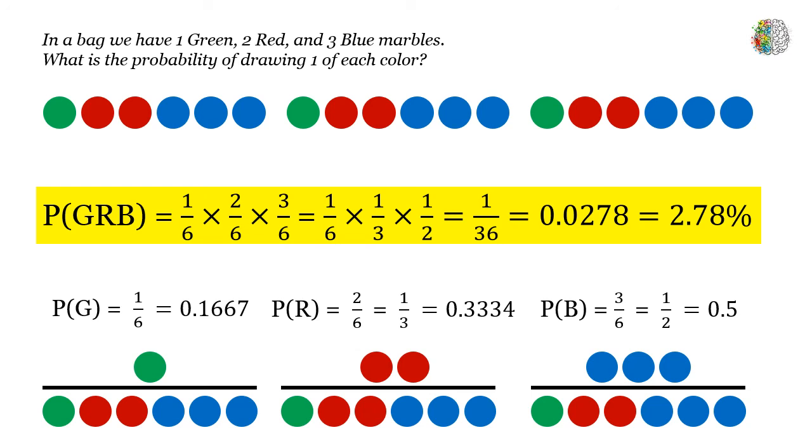So if I have an independent event and I'm going to replace my marbles each time I do my experiment, reset, then each of these are independent. They aren't affected by what happens in the prior trial.